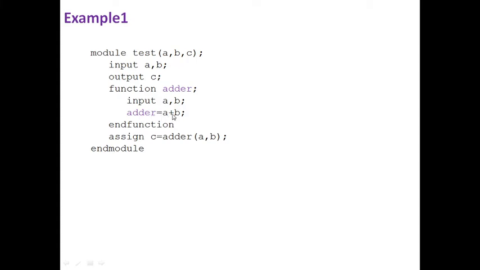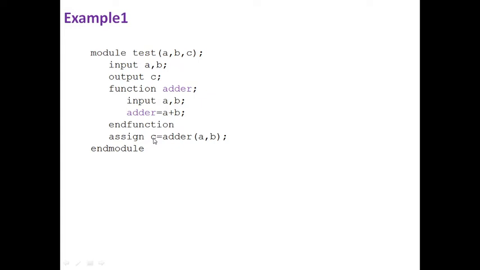So adder equal to a plus b. That means the function is returning something, adder, and that is again given to c, which is nothing but the output port of my module.